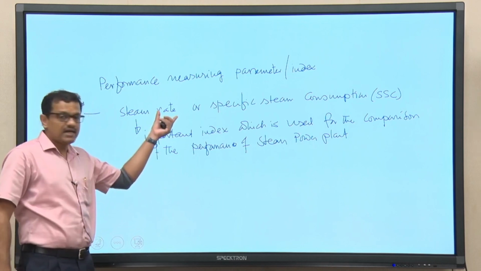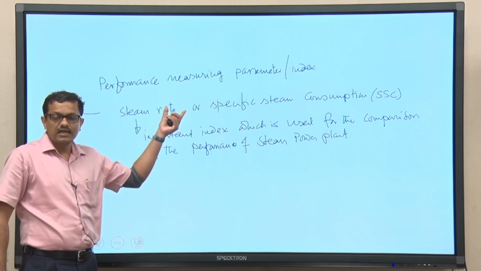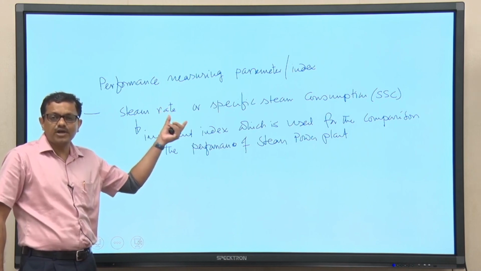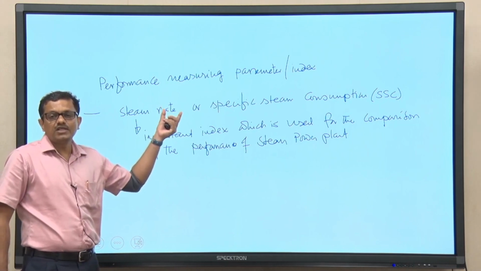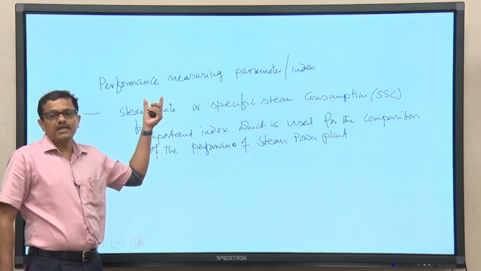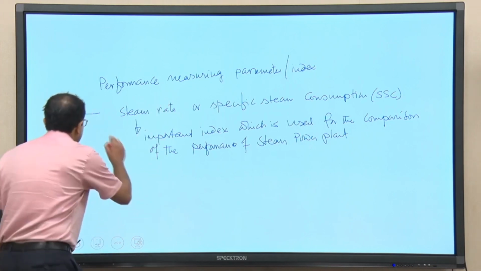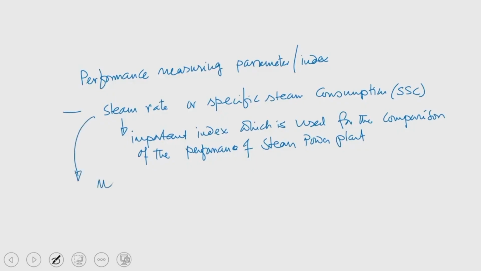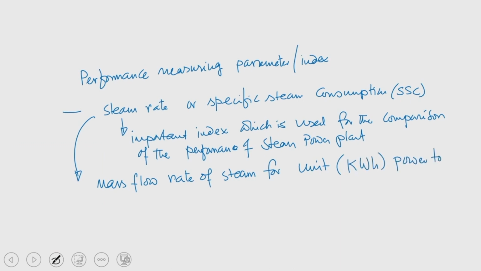Basically, steam rate or specific steam consumption is defined as the mass flow rate of steam required per unit kilowatt power to be developed. So, let me write here. This is nothing but the mass flow rate of steam for unit kilowatt hour power to be developed.